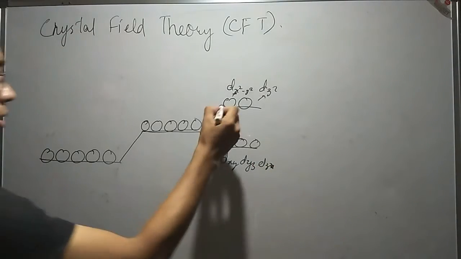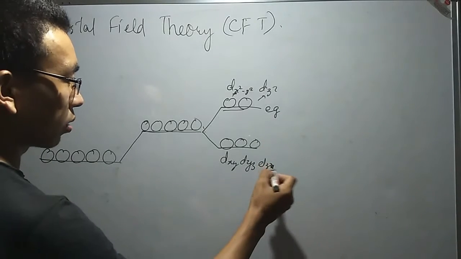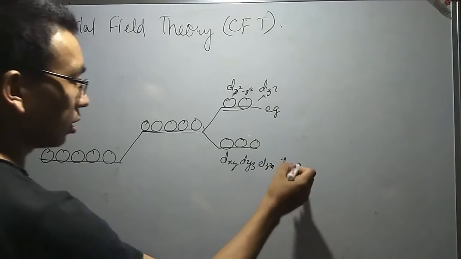Now this upper set of orbitals is called Eg, and the lower set is called T2g.